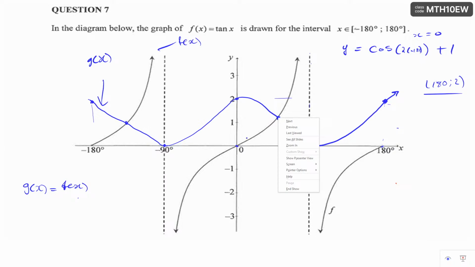It's here and here. So okay, here we need to check something. So we are looking for this value of x here.